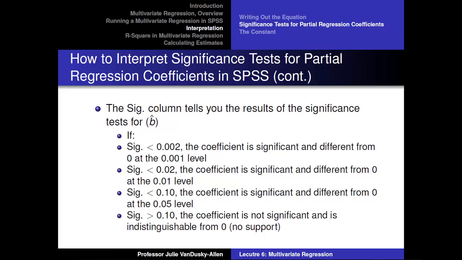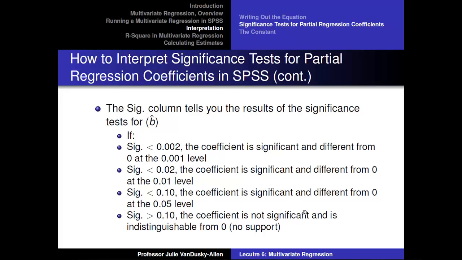The only difference between these three levels of significance is that if your significance test meets this criterion, then your results would be significant at the 99.9% level. If your significance test meets this criterion, then your results would be significant at the 99% level. And if your significance test met this criterion, then your results would be significant at the 95% level.